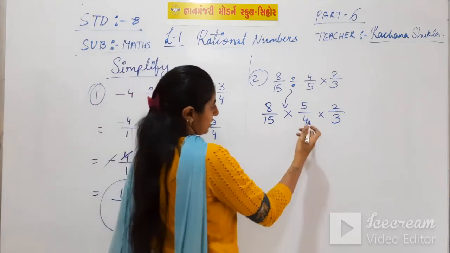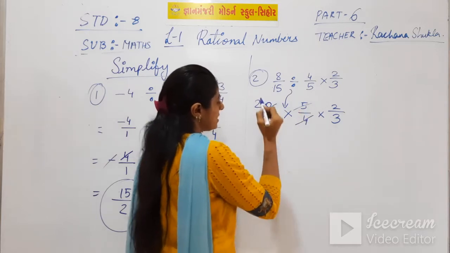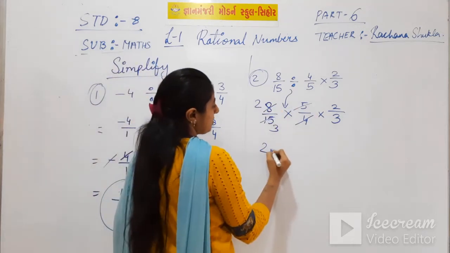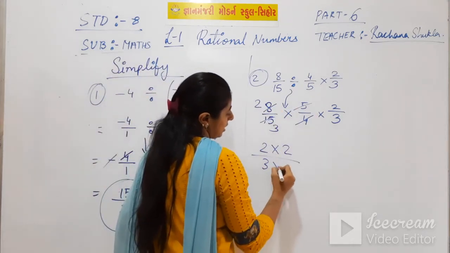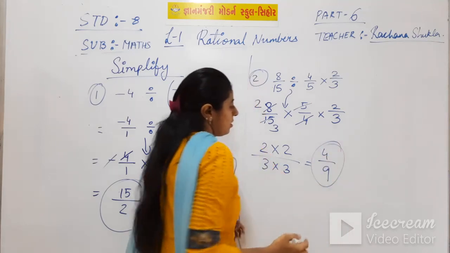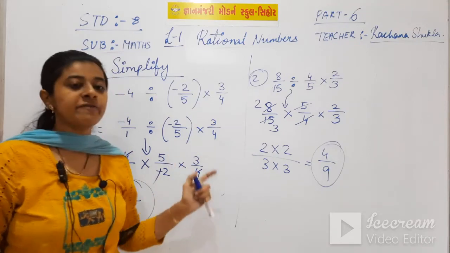Now directly cut it. 4 2s are, 5 3s are. Now nothing can be cut, so 2 2s are 4 and down 3 into 3, 9. Your answer is 4 upon 9. Very easy sums, no students? So these were the sums of simplification.